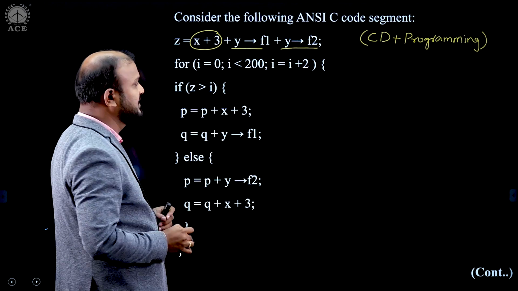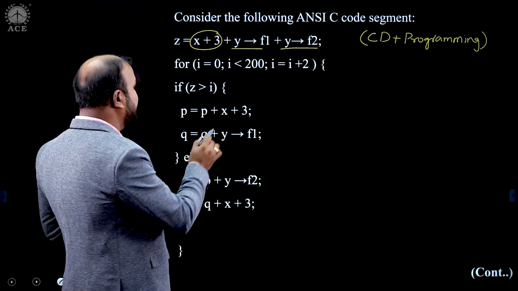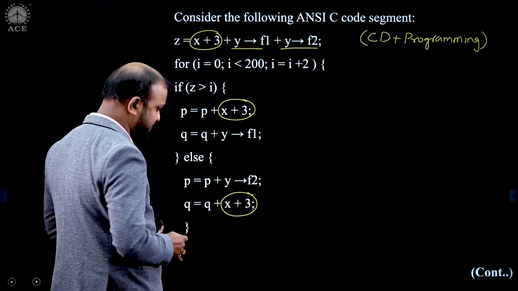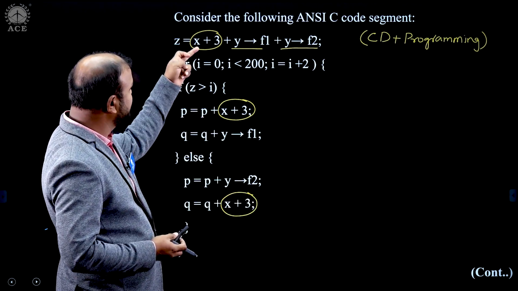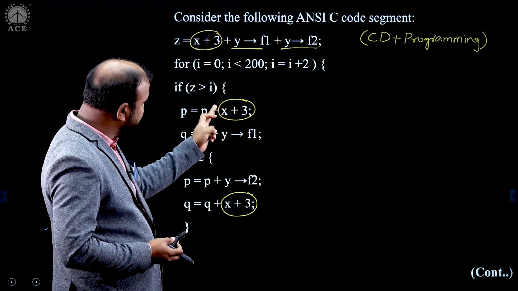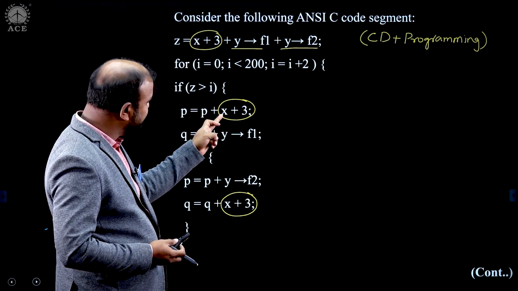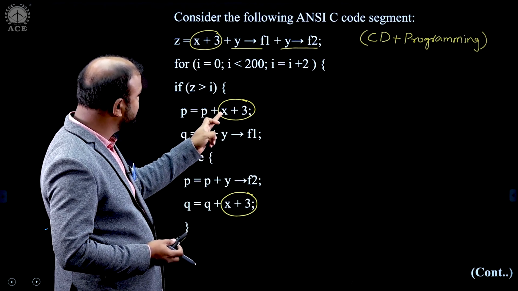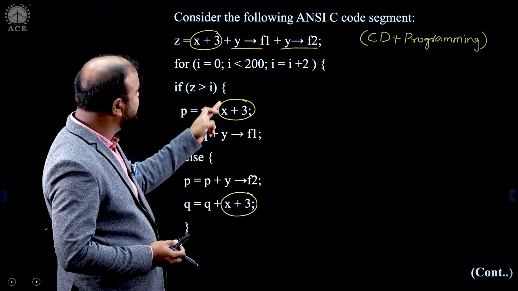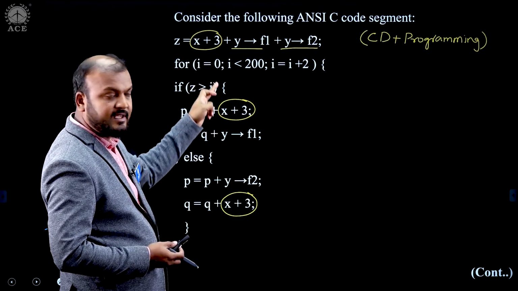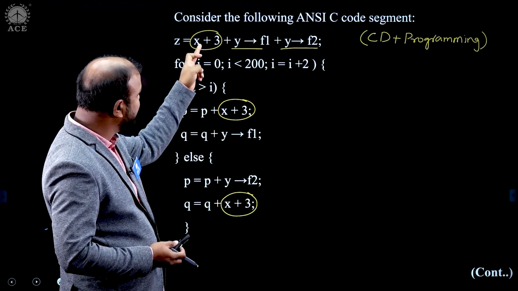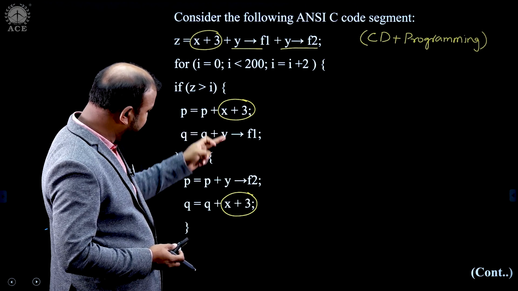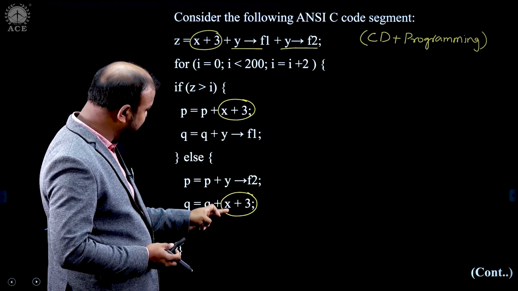x plus 3 is an expression, and here also x plus 3 is an expression, and here also x plus 3 is an expression. Just observe, whenever x plus 3 is computed, this expression involves the variable x. From this point to this point, is the value of x redefined? No. Because it is not redefined, I can call x plus 3 a common sub-expression. And also see, from this point to this point, again x plus 3 is there.